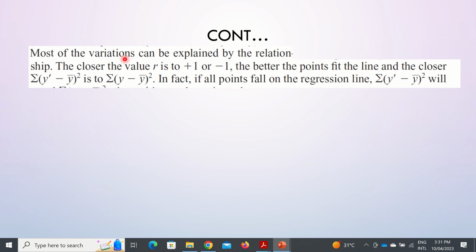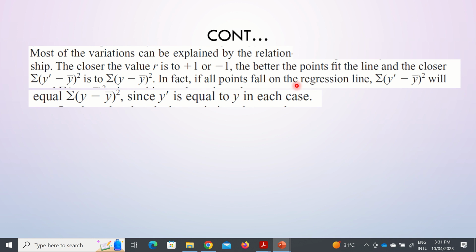Because if y dash is close to y, in that case these two differences will be close to each other. It means that all the observed points are also lying on the regression line. In that case, the sum of y dash minus y bar square will be equal to the sum of y minus y bar square, as y dash gets closer to y.